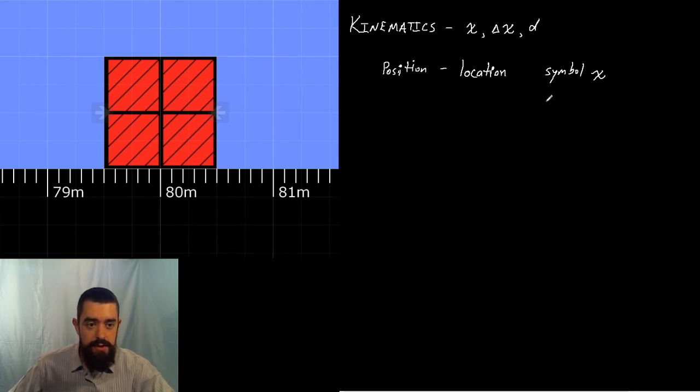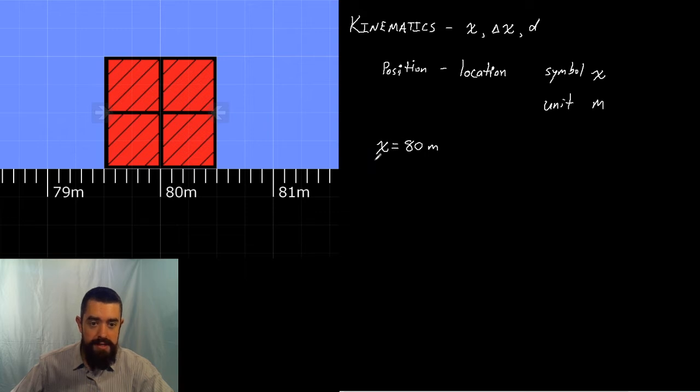So the unit would be the meter. So this M is not the same thing as a symbol M. This M would be, for example, X equals 80 meters.